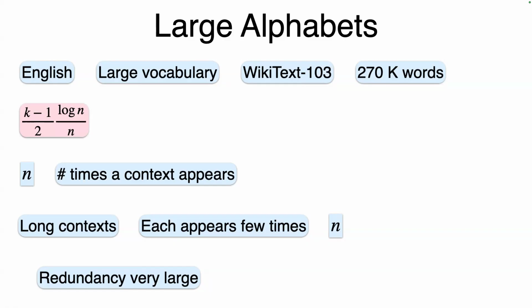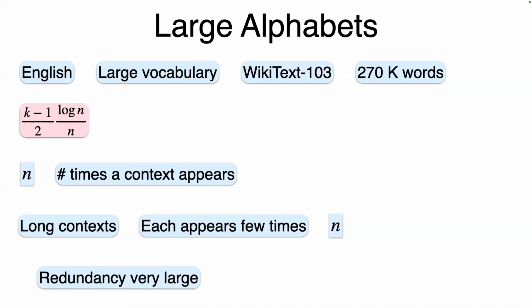So if we have k minus 1 log n over n, then the k that you multiply is 270,000. You might think that n is very large, but it's not, because n is the number of times that each context appears. And today people look at contexts that are 512 words long. So how many times will a context of size 512 appear? Very, very few times. So n is very small.